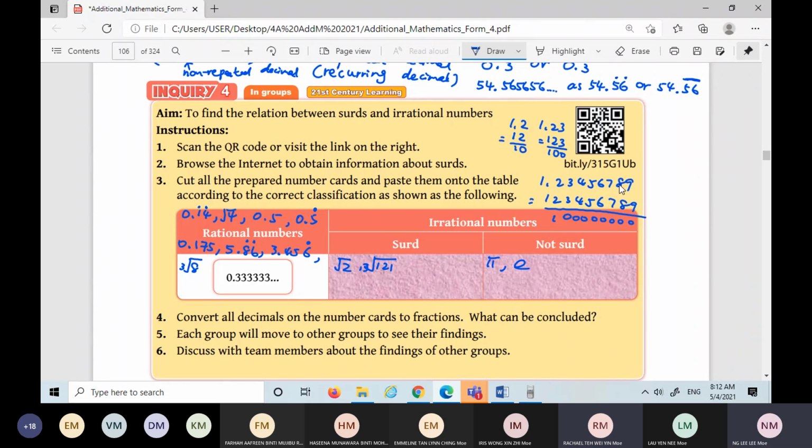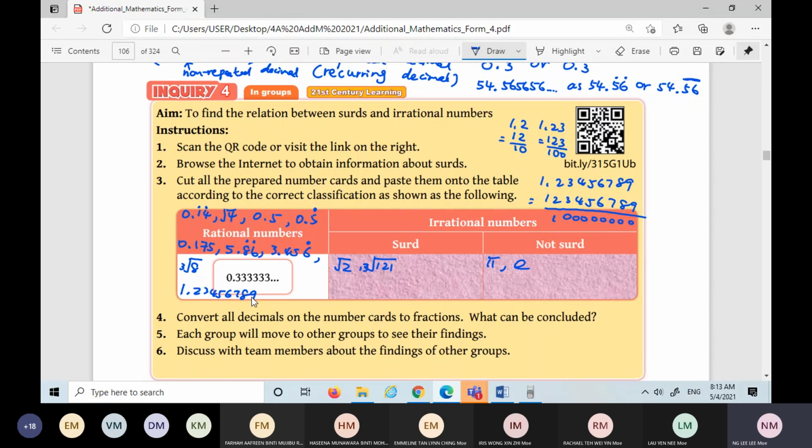Rational. Yes, rational, because you can write it as a fraction A over B. So when you see a decimal number, don't care whether repeated or non-repeated, as long as it stops somewhere, not the infinite type, then confirm it is a rational number, because no matter what, you have a way to convert it into a fraction.